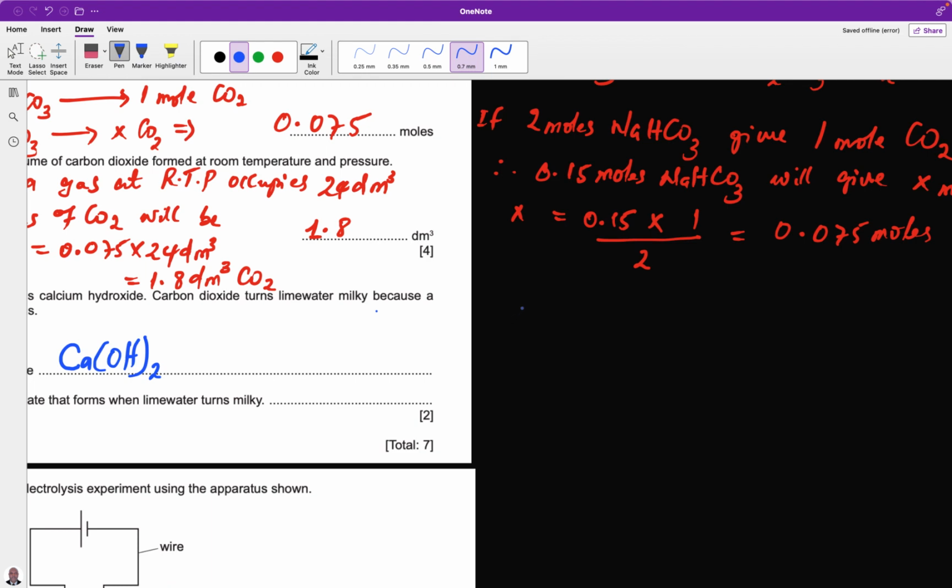Let's see the reaction. This is carbon dioxide. When it reacts with lime water, which is calcium hydroxide, what will be the product?